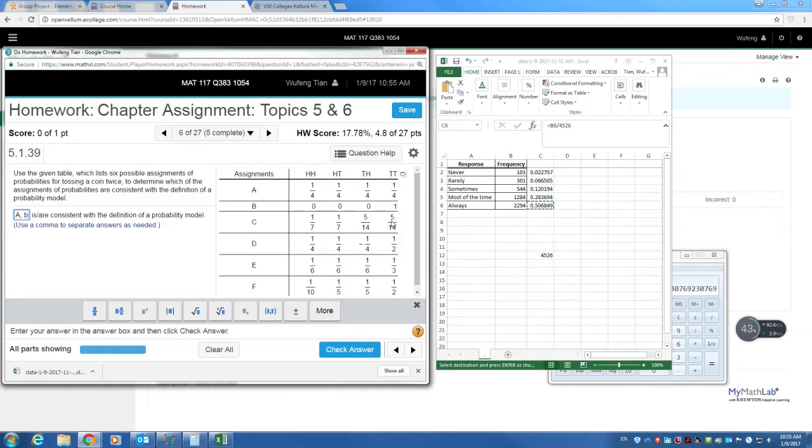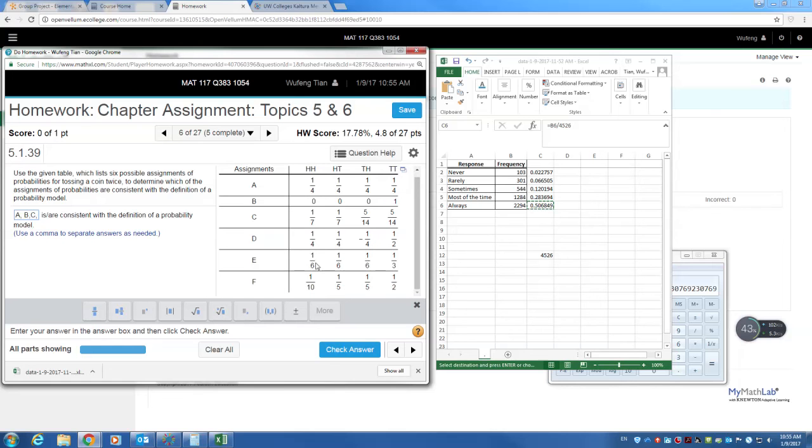C, check it. 14.2, 14.2, 14.5. Say yes. D, no, you have a negative. E, 3 halves. Okay, is half 1 half? No, E is not because you add together is not 1.